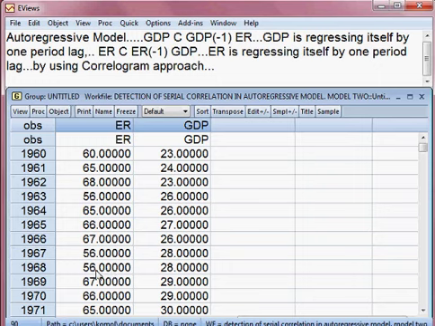So here serial correlation may appear because this data is time series data.